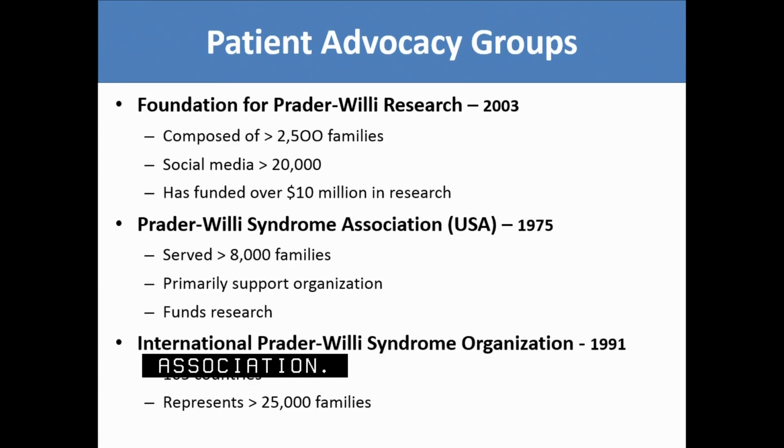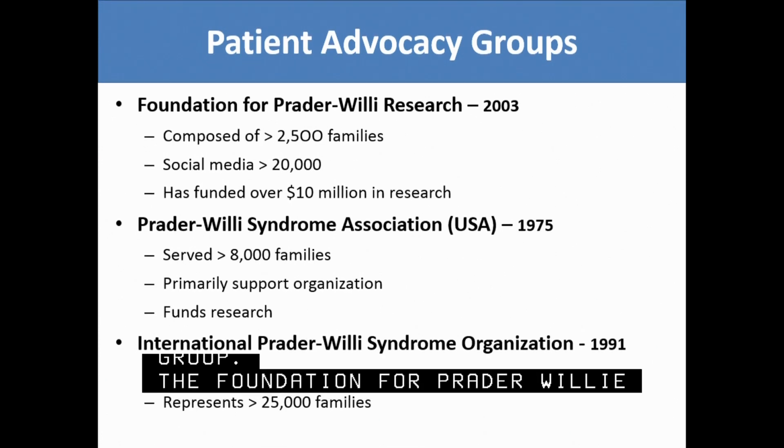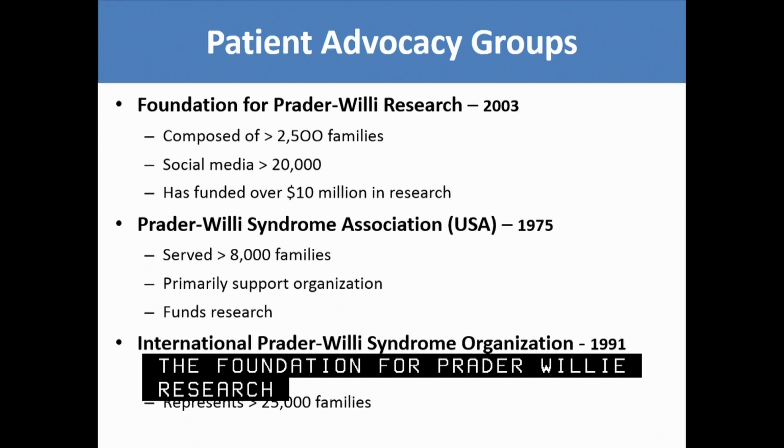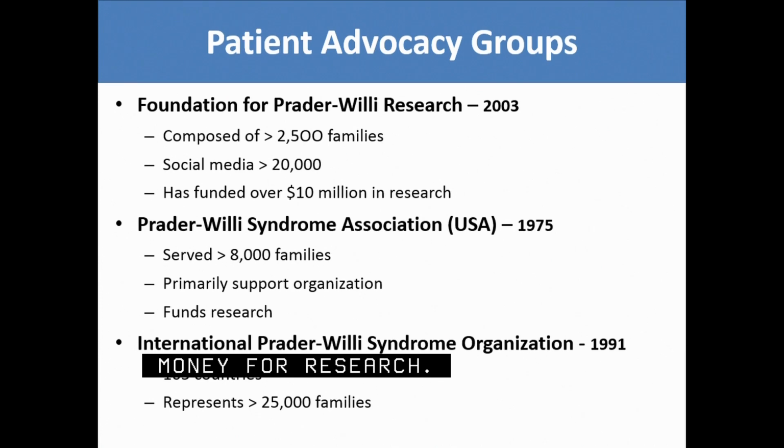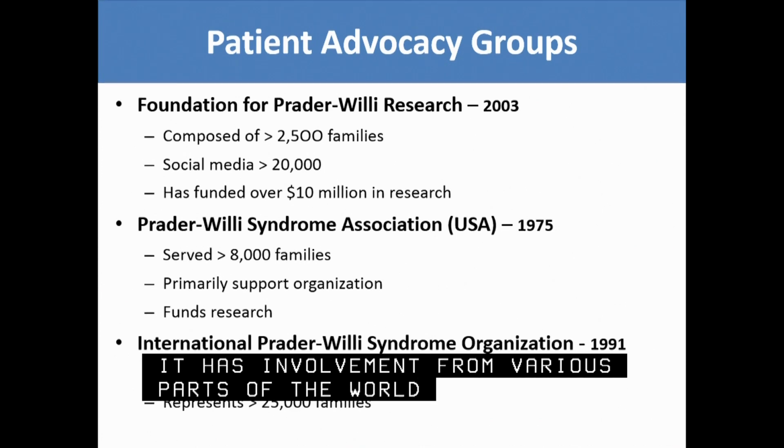The Foundation for Prader-Willi Research was founded in 2003 and is primarily research, raising money for research. It started in the U.S., it branched out to Canada, and now it has involvement from various parts of the world, Australia, New Zealand, Europe, funding research grants, and so far they've funded $10 million in research.